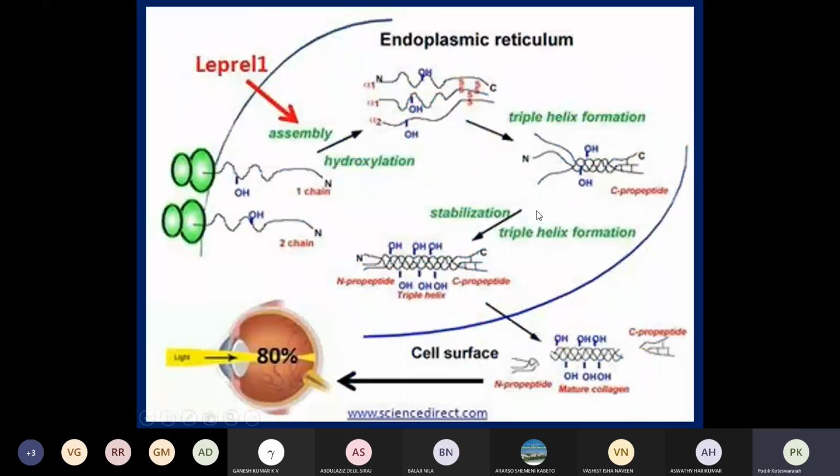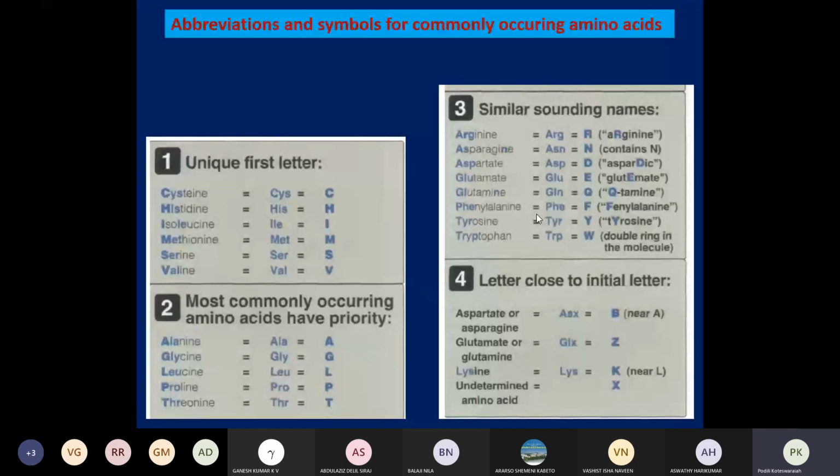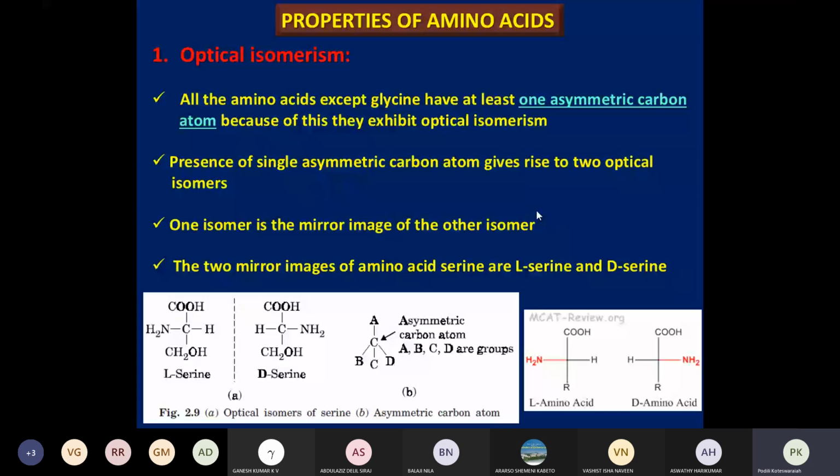Then coming to the properties of amino acids, we know that all amino acids except glycine, as we have already seen, have one or more chiral centers, and that's why they exhibit optical isomerism.